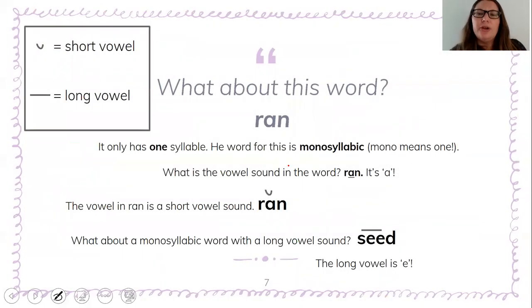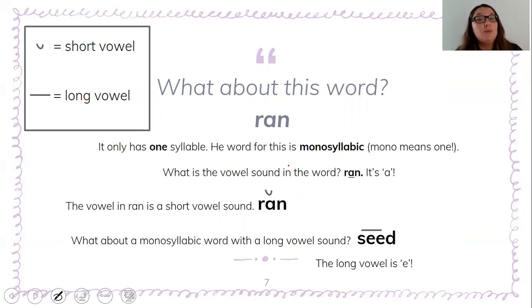So what about the word ran? Just ran, ran, ran. It has 1, ran. It only goes down 1. So it has 1 syllable, and this is called a monosyllabic word, okay? Mono is a fancy word. I think it's like Greek or Latin for 1, okay? So it's a very ancient word.